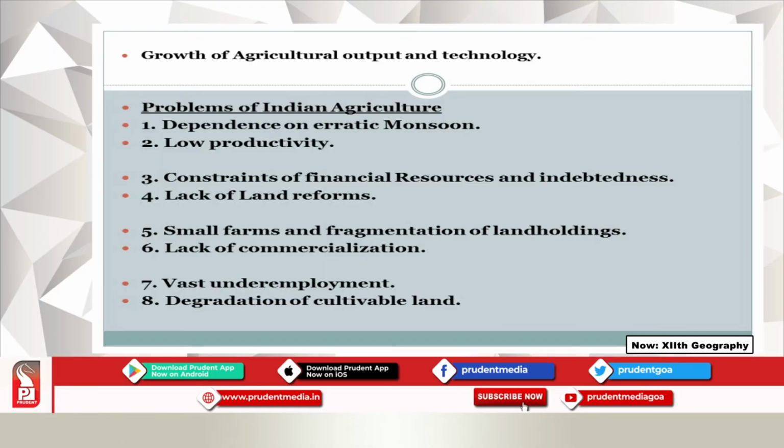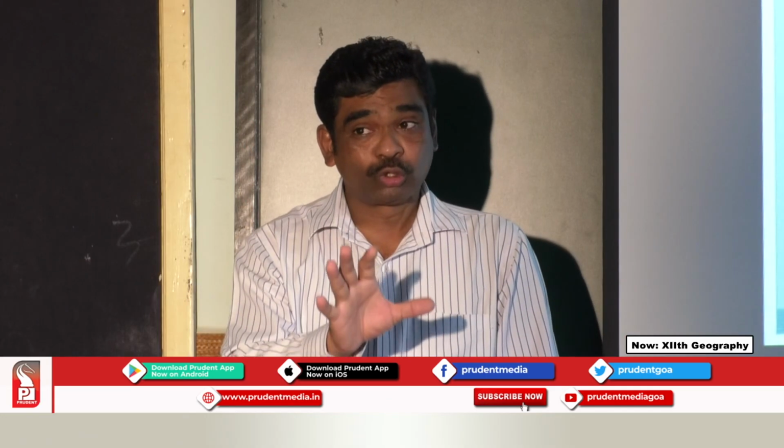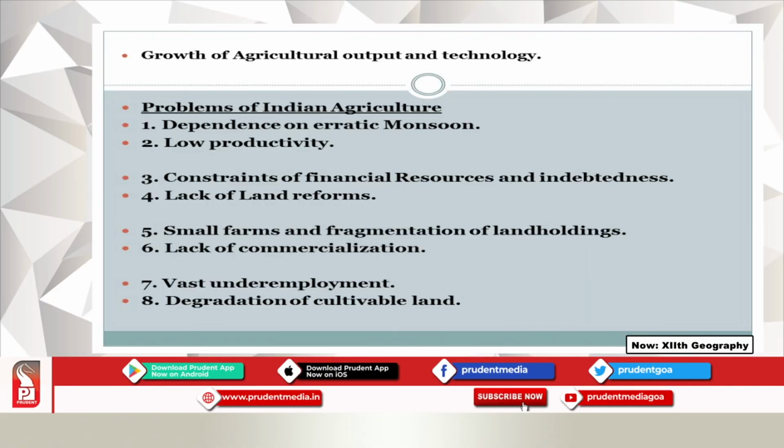And we also have many problems of agriculture. Let us know one by one the problems of Indian agriculture. Dependency on erratic monsoon. A lot of dependency is there. In some areas, because of irregular monsoon, there is low productivity.